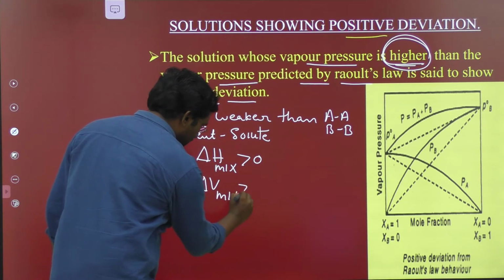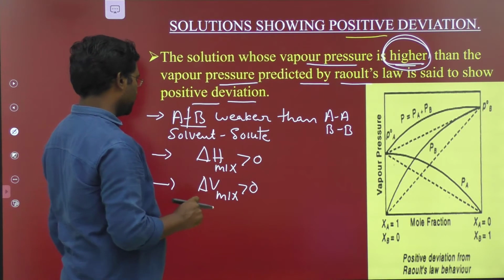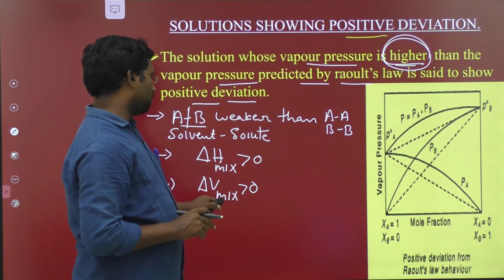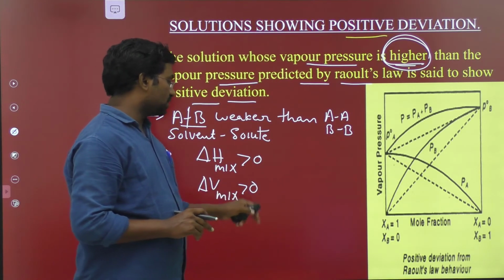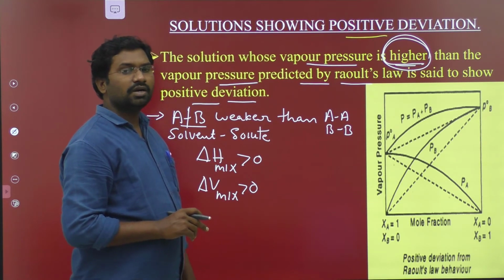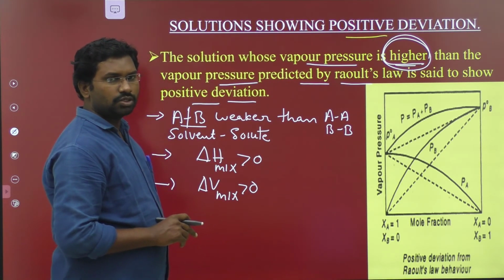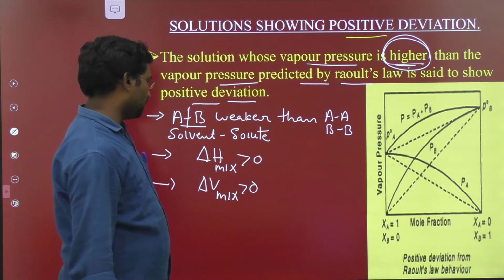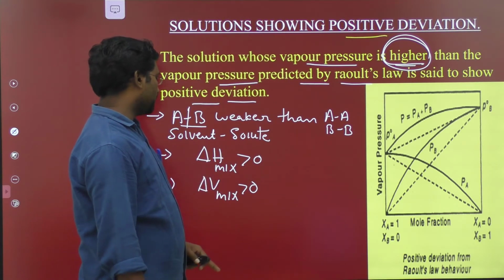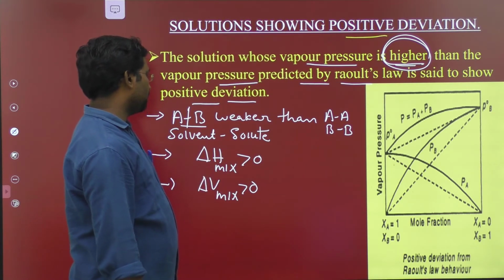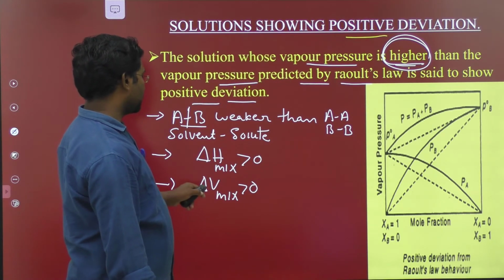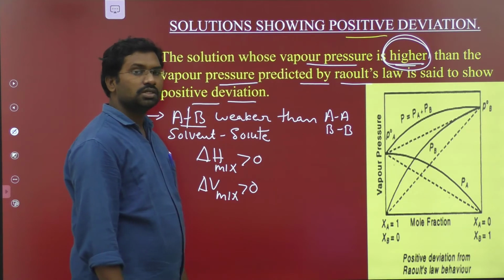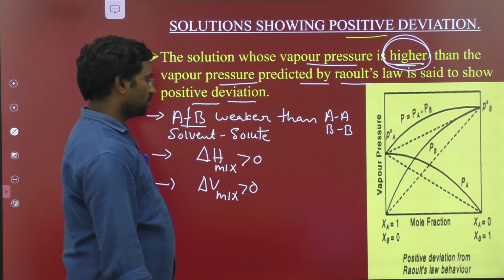This means the change in the volume of the two components which form a solution is always greater than 0 in case of positive deviation. Delta H mix greater than 0 and delta V mix greater than 0. So this is a best example of a solution which possesses positive deviation.